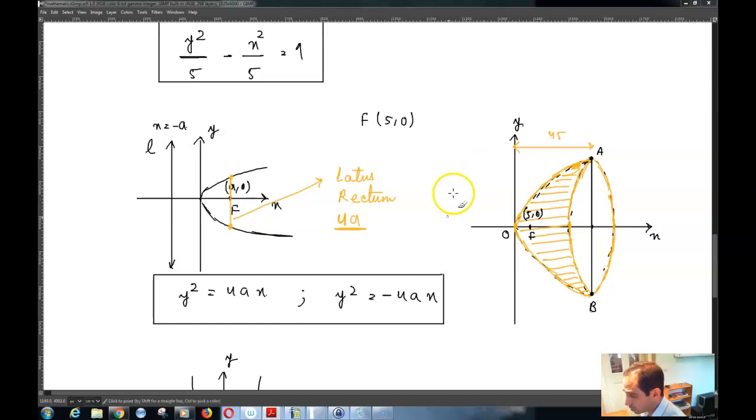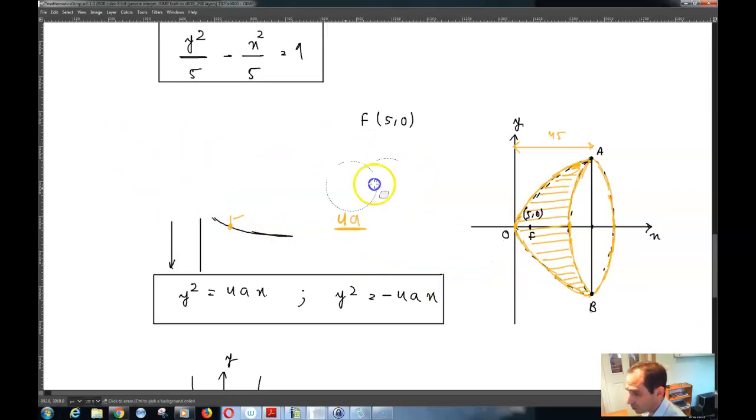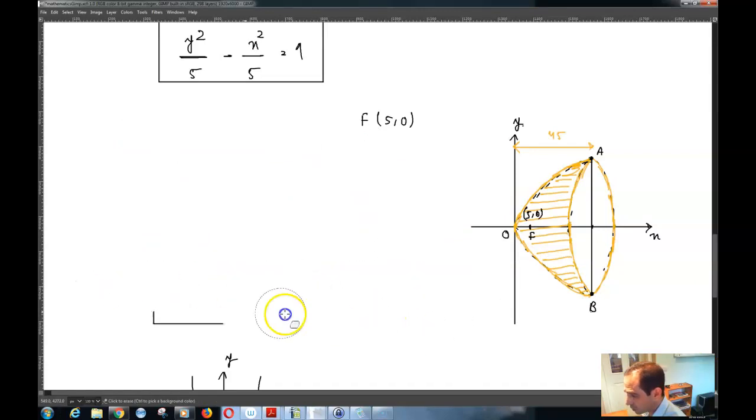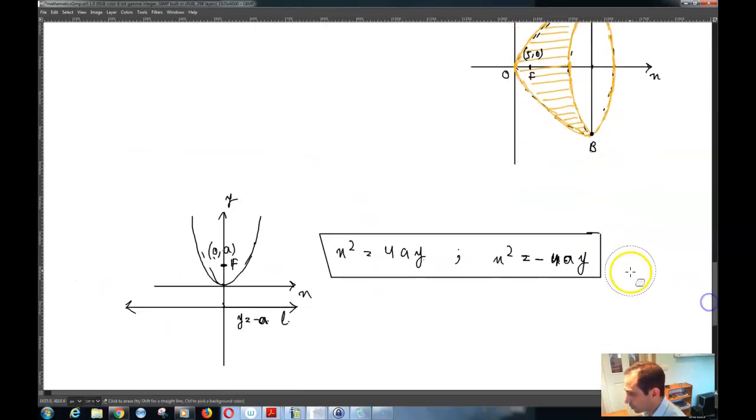Now we know enough about parabolas. We can now go back and solve our own problem.